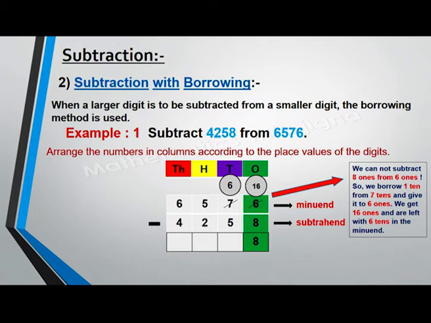Now subtract the tens. Subtract 5 tens from 6 tens. We'll get 1. So we write 1 ten at the tens column. Now subtract the hundreds. Subtract 2 hundreds from 5 hundreds. We'll get 3 hundreds. So write 3 at the hundreds column.